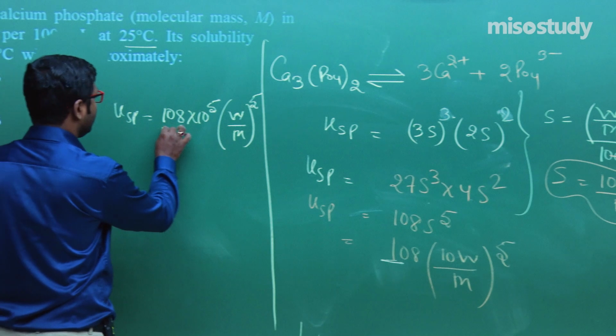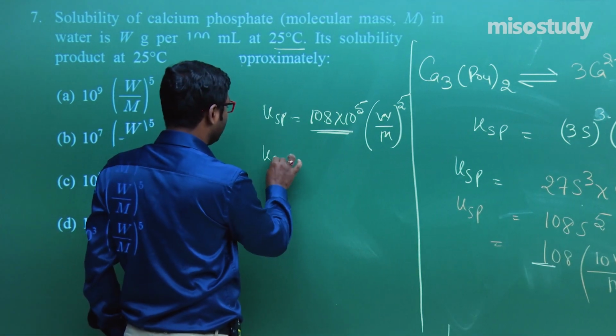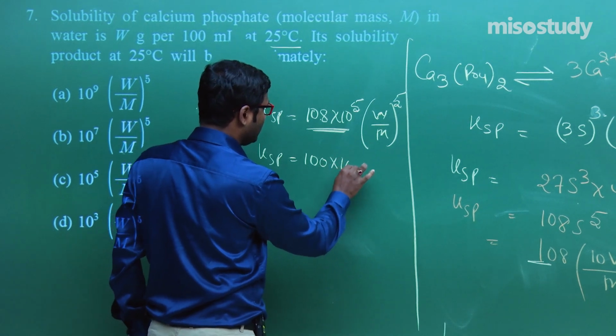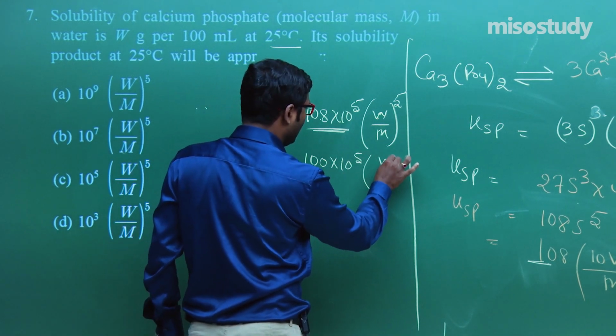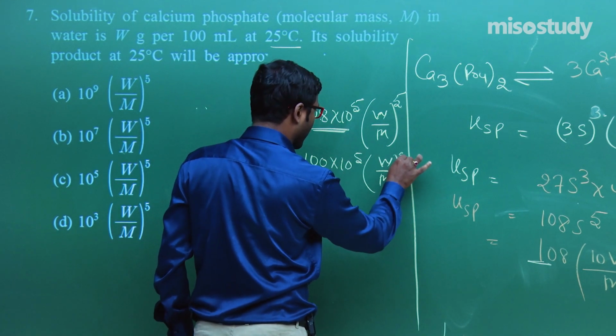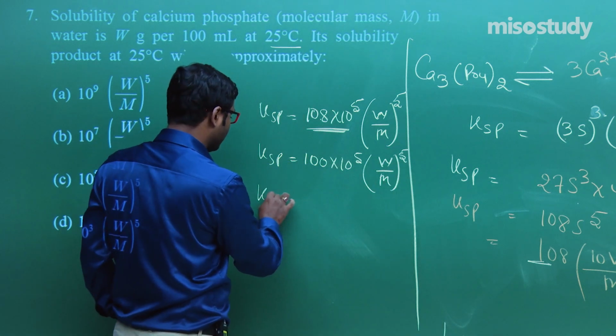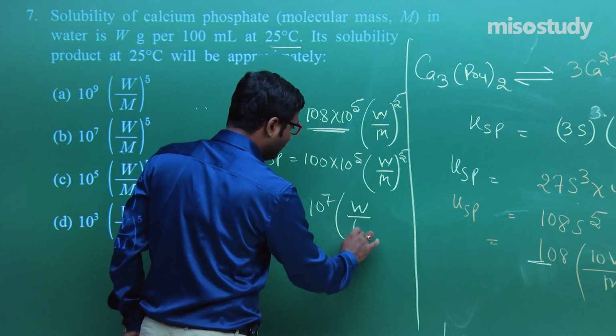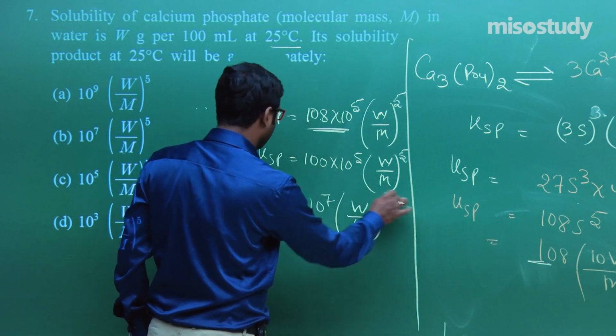If I estimate this as 100, then 100 into 10 to the power 5, W upon m to the power 5. Am I right? Then KSP is equal to 10 to the power 7 W upon m to the power 5.